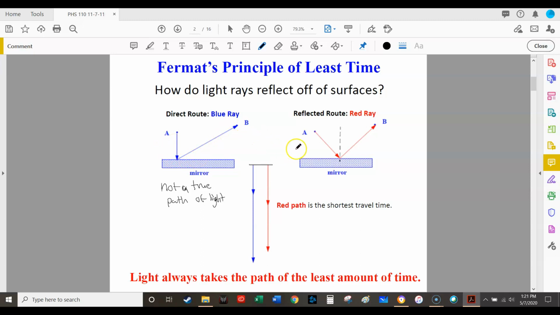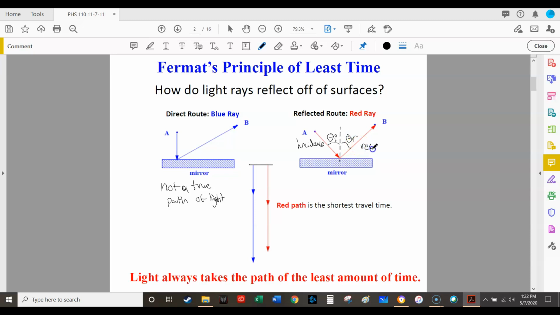Well, Fermat noticed that the angle that it comes in at, and this is called the incidence, this is the incoming light ray. It's called the incidence. And this is the incidence angle. It's going to be reflecting out. This is a reflected angle.